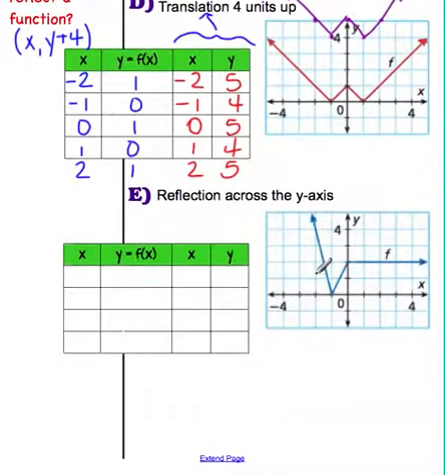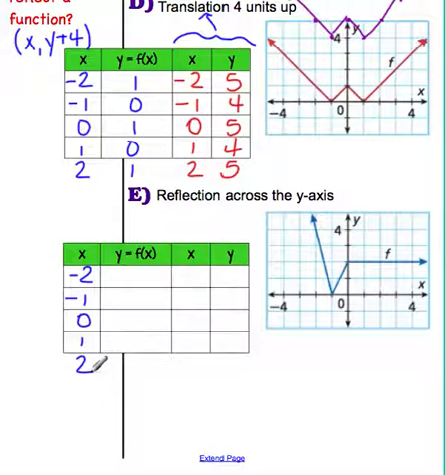This next one is a reflection across the x-axis. So when I create my ordered pairs for my original function, I have here, once again, -2, -1, 0, 1, 2. I like those numbers because they're close to the axes, they're close to the origin, and yet they're accurate enough that we'll get an accurate picture if we look at the centered around the origin.